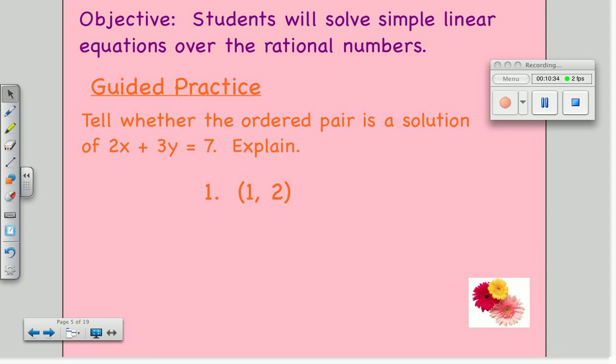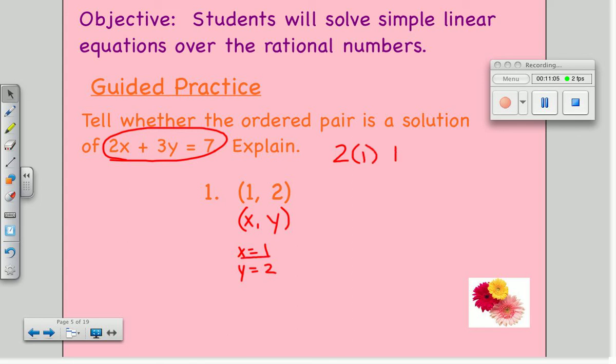Here's our guided practice. Tell whether the ordered pair is a solution of 2x plus 3y equals 7, and explain. So here's my x, here's my y. In the ordered pair, if 1 is x, that means x equals 1, y equals 2. Now let's substitute the 1 and 2 in the equation. I have 2 times 1, plus 3 times 2, and it says that this equals 7.